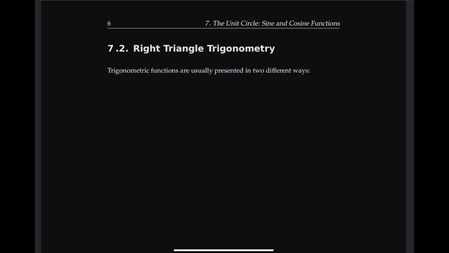Today we're going to be learning about right triangle trigonometry. But before we jump into that, I want to quickly introduce the two main frameworks that we use for trigonometry. That would be right triangle trigonometry, that we're going to learn about today, and also unit circle trigonometry.